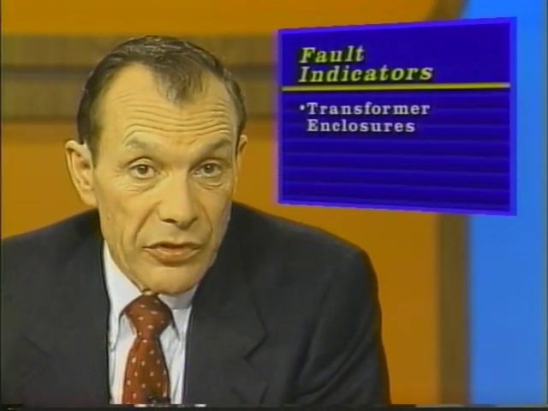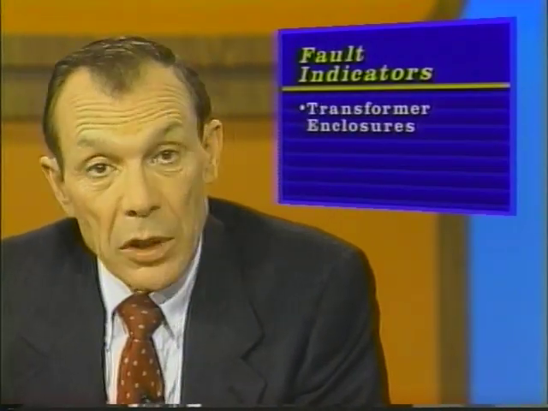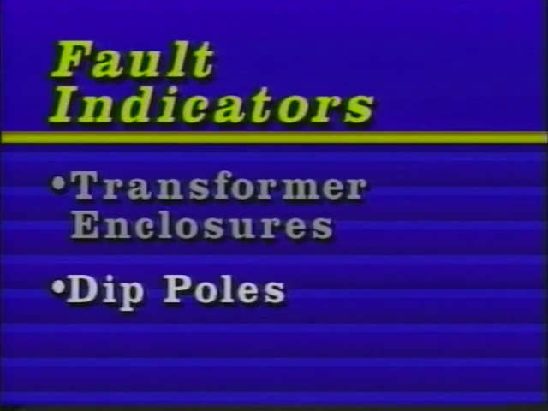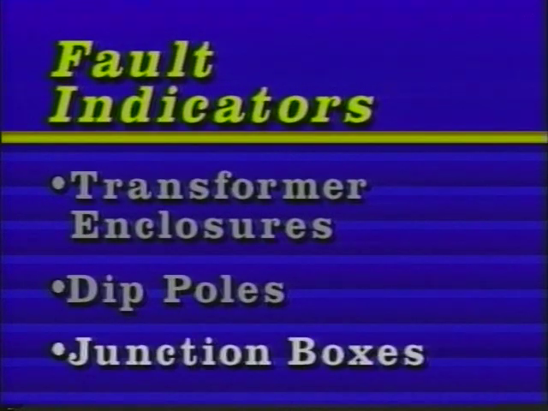Fault indicators are placed around each of the primary cables inside transformer enclosures, dip poles, and junction boxes. The fault indicator has a current trip rating that provides a flag indication when the current in the cable exceeds some preset value.